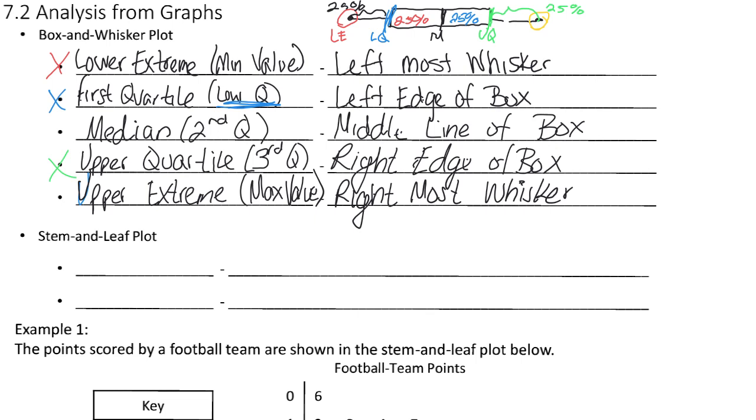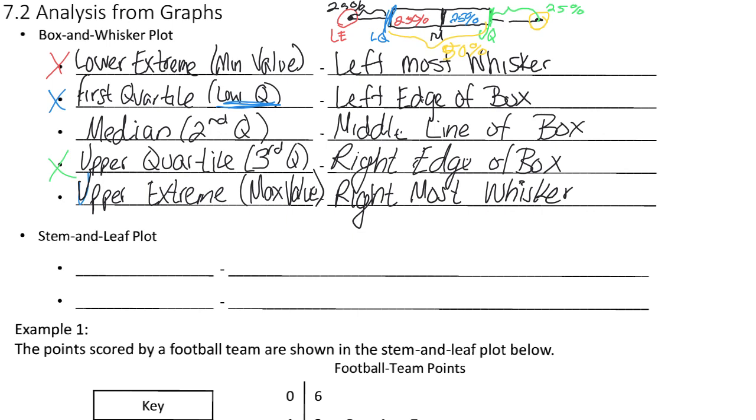That's because we're breaking it into fourths: quartile, quad, fourths. So each section is worth 25%, and that means in between my lower quartile and my upper quartile is 50% of my data.